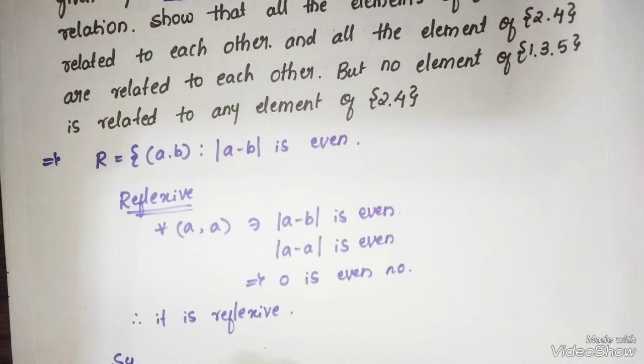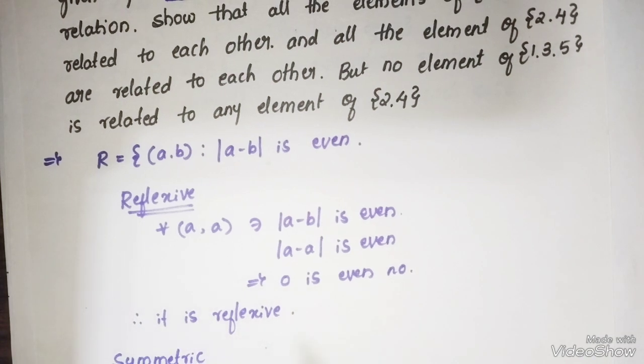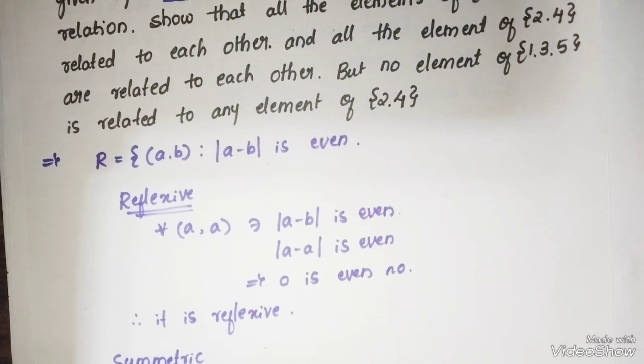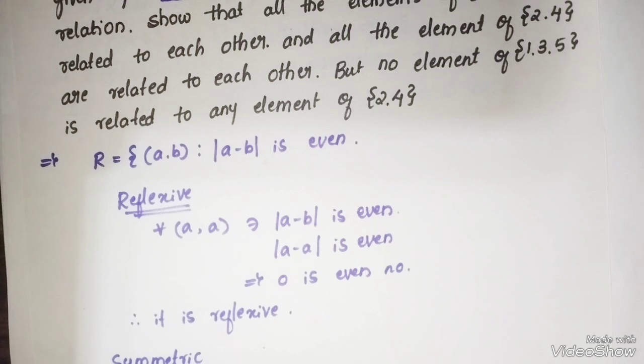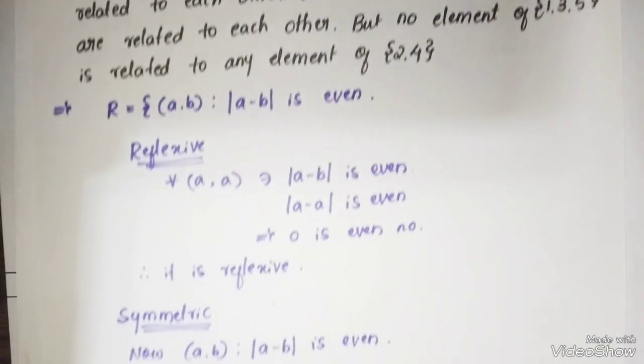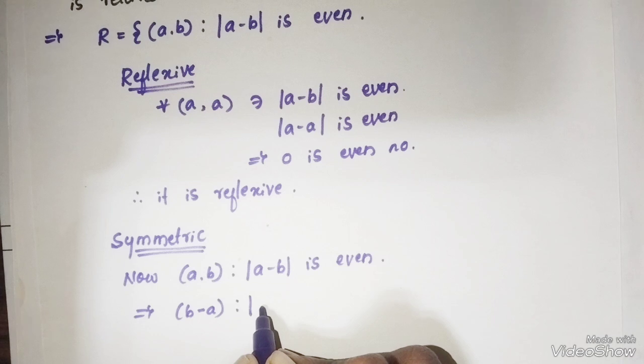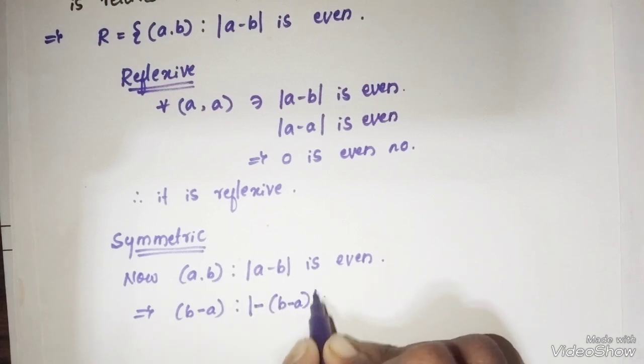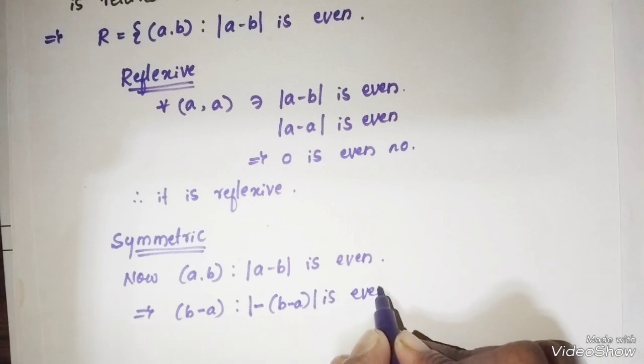Again, for the symmetric condition, consider (a, b) such that a minus b is even. That implies (b, a) such that, taking minus as common, b minus a is even.